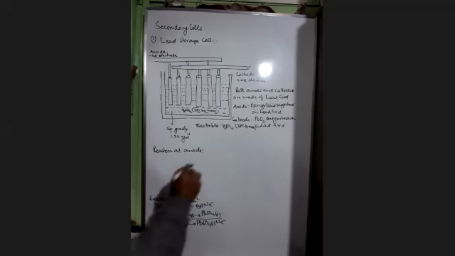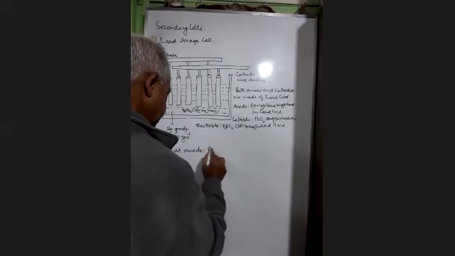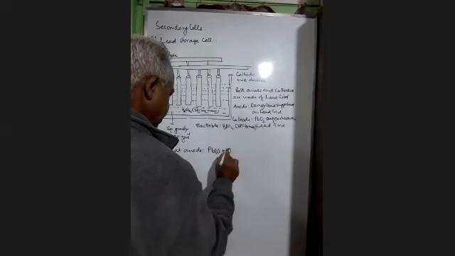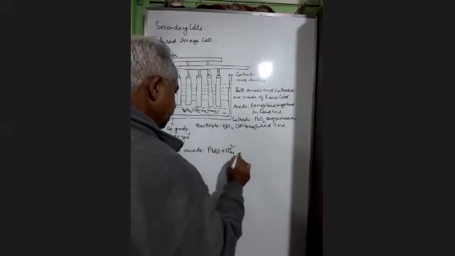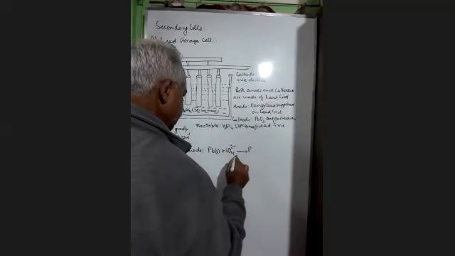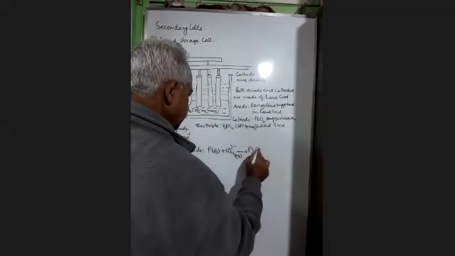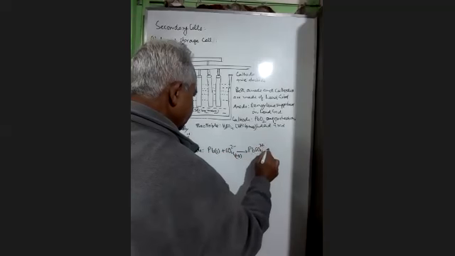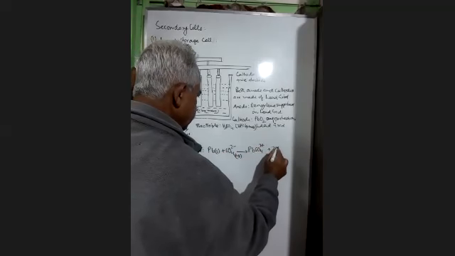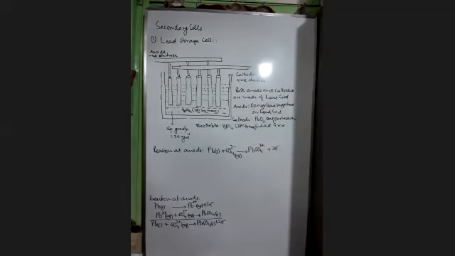So I'll write now here: Pb, SO4 2 minus aqueous, it will give you Pb2 plus.